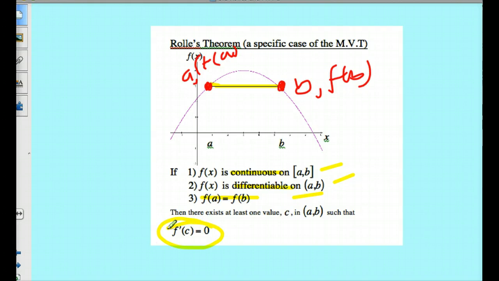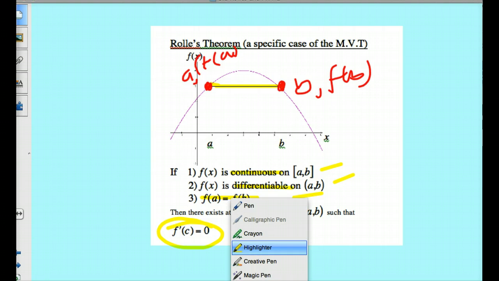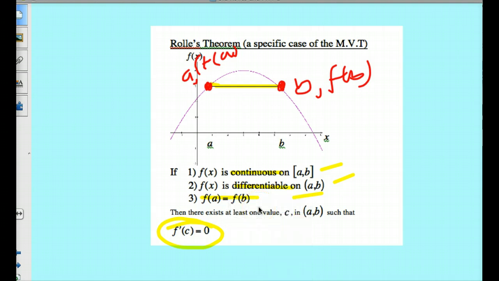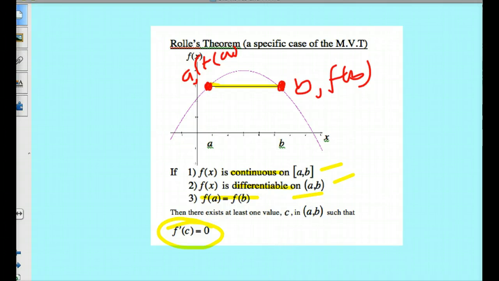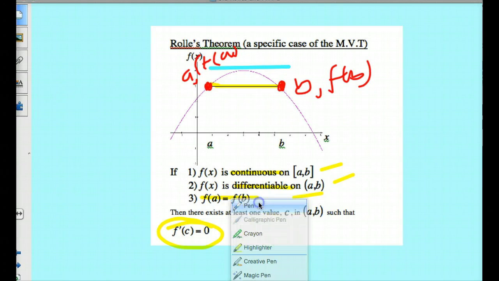F prime of c is equal to 0, which means there has to be a number in between A and B where I will have the same exact slope, and in this case the slope has to be 0. And what you'll notice is this is a very important piece, because what do you notice about every time I have a slope of 0?